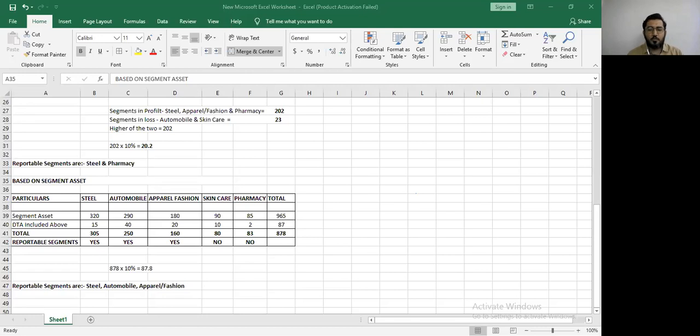There is no such point in the question. So additional condition 1 is not applicable.